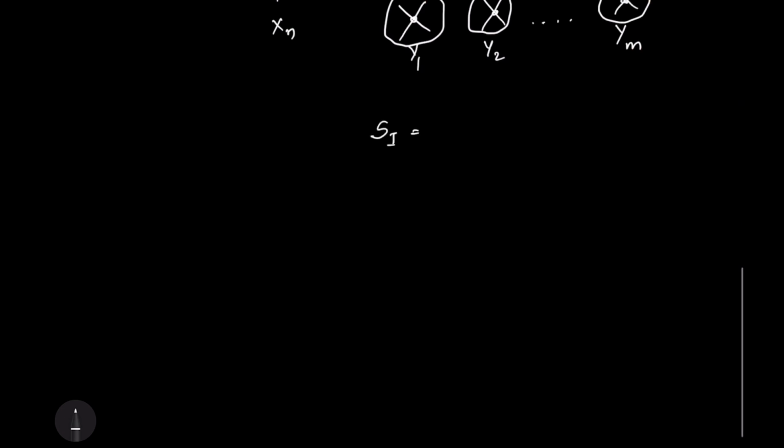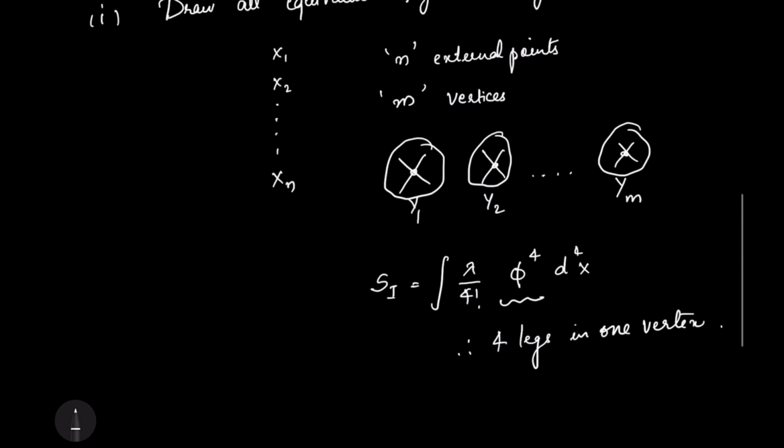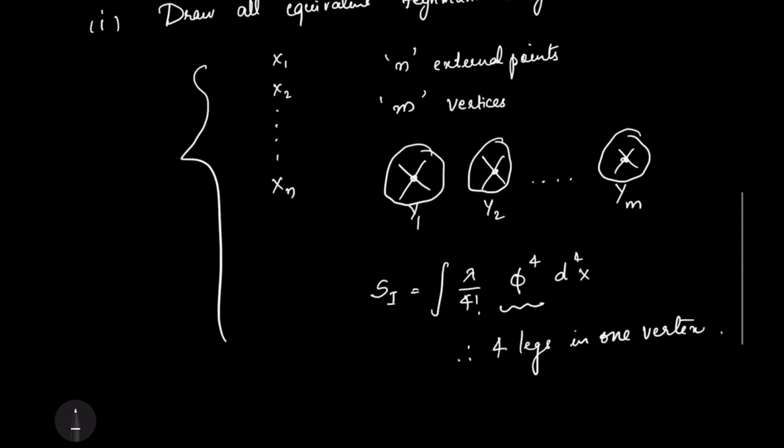S_I is equal to the integral of lambda by 4 factorial phi raised to 4, d^4x. So we are considering phi raised to 4, and therefore there will be 4 legs in one vertex. So this is all about the numerator of the above expression.